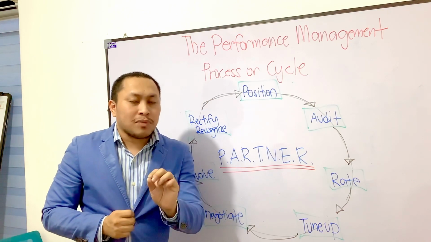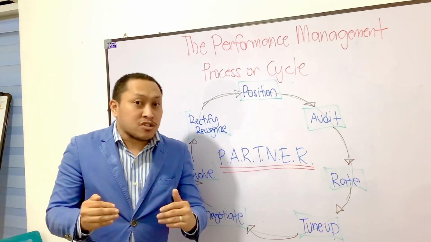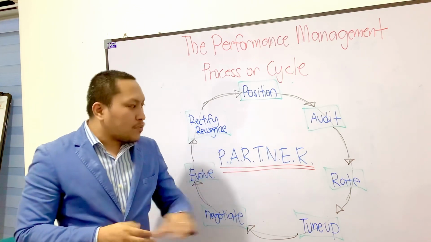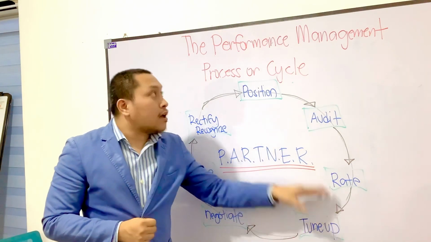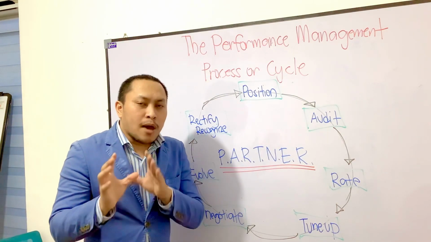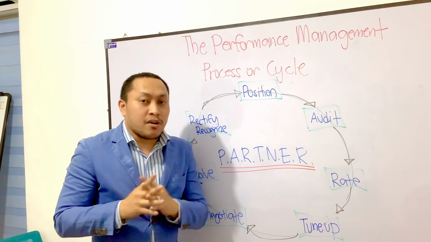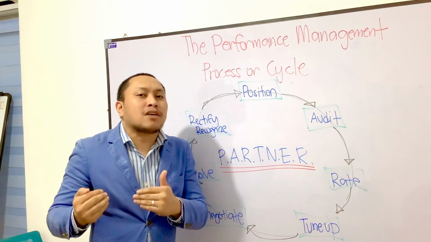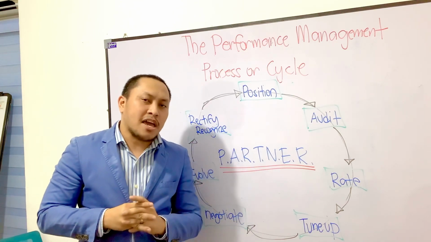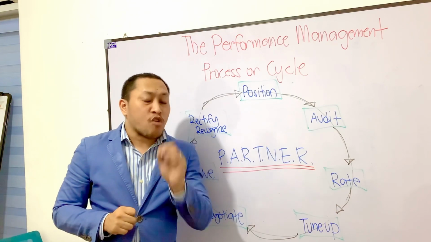This is to ensure that the employee is able to guide himself to know whether he's on the right track or not. So, in the rate step or phase of the employee performance management process or cycle, we check whether the employee is meeting or better yet exceeding the performance through the numbers, or if he is coming short of the expectations and standards.